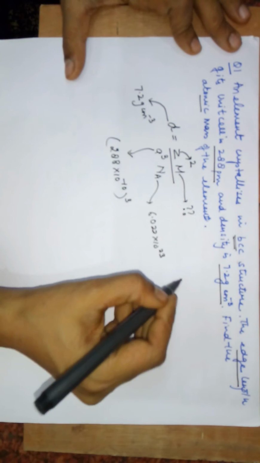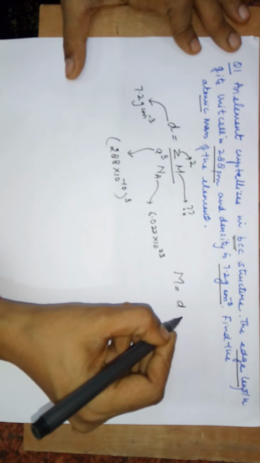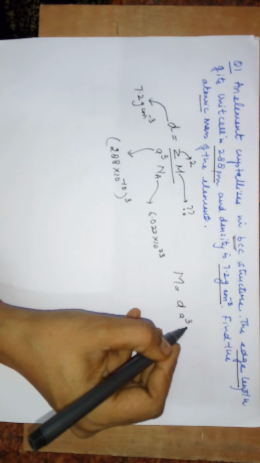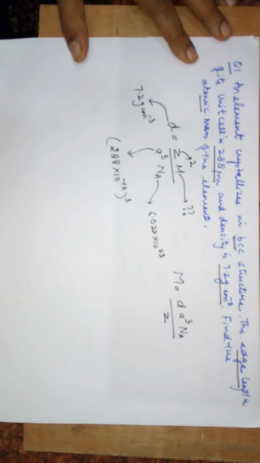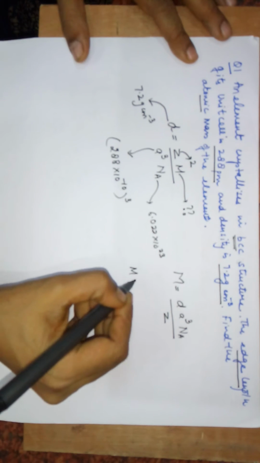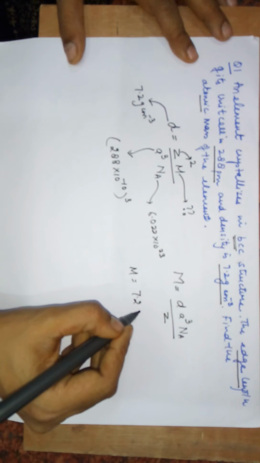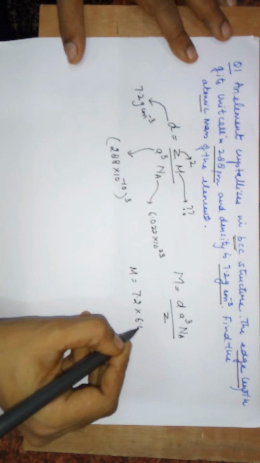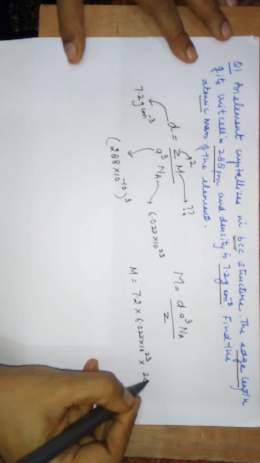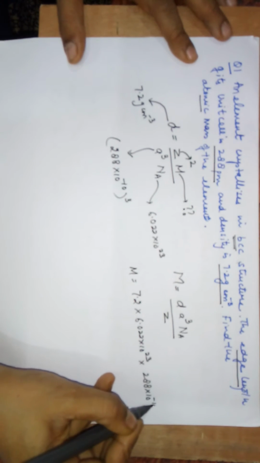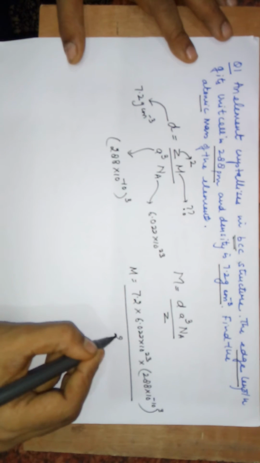Substituting these values to get the answer for your atomic mass, the formula modifies into density, A cube, Avogadro's number divided by your Z. Substituting these values, density is 7.2, Avogadro's number is 6.022 times 10 to the power 23, A cube is 288 times 10 to the power minus 10 whole cube, divided by Z, which is 2.